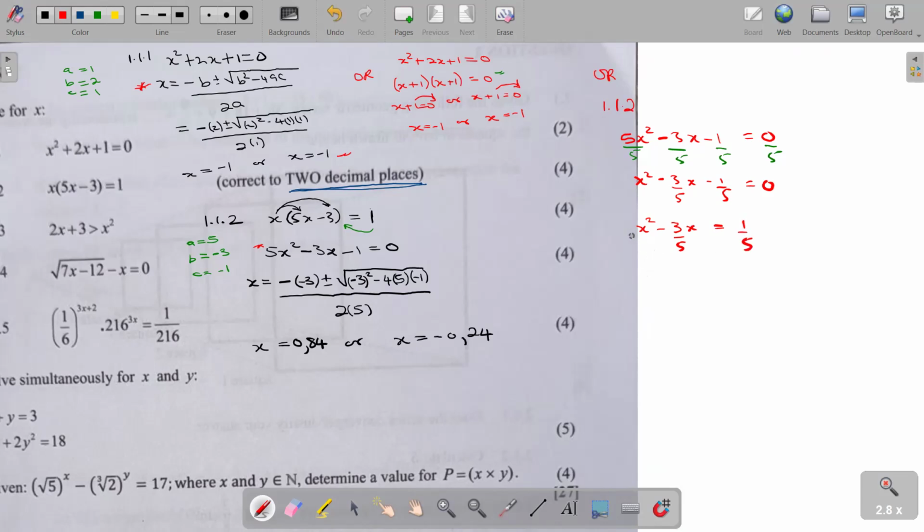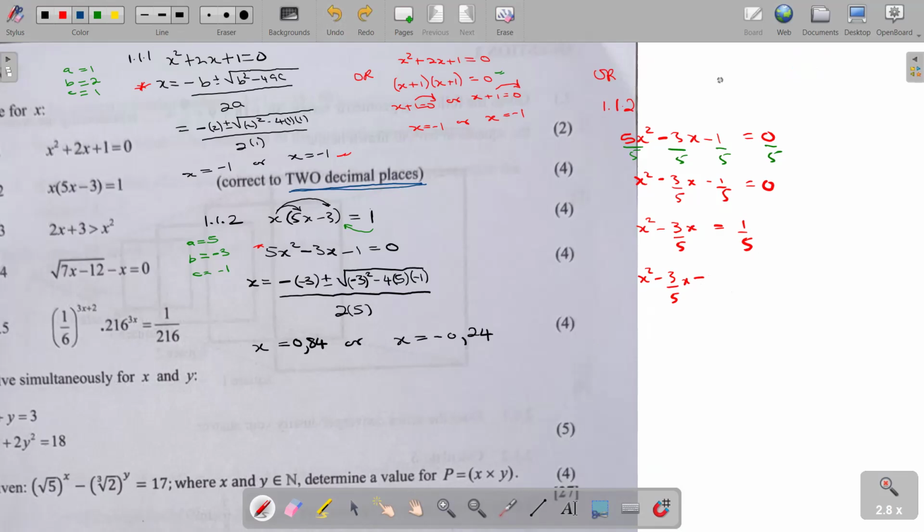Then on both sides we are going to add half the coefficient of x, squared. So it's going to be x squared minus 3 over 5x. Then here we are going to add half the coefficient.